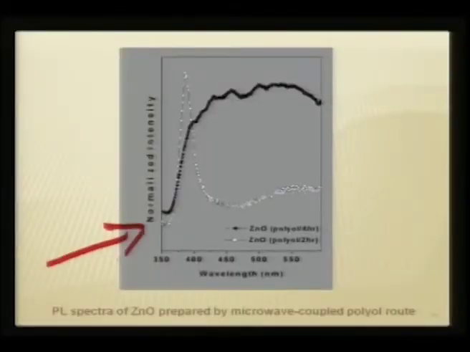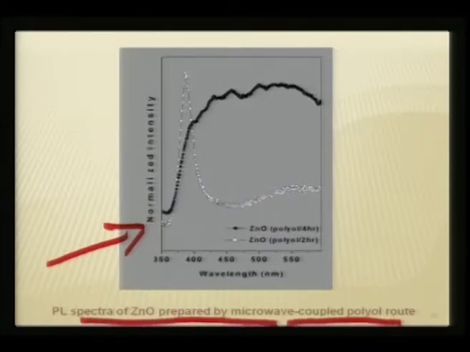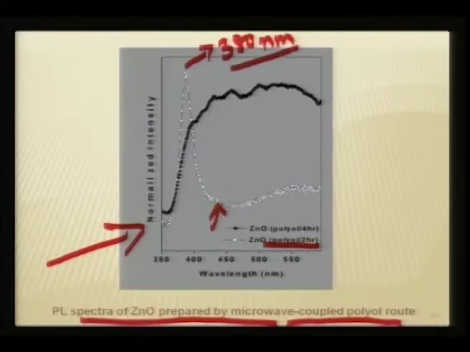If you look at the photoluminescence spectra of zinc oxide prepared by this microwave polyol route, one can clearly see that if you control this reaction with just 2 hours, the open circled emission spectra clearly shows that you can get this 380 nanometer emission peak, which is critical for zinc oxide. And one should also notice that there is a small hump coming here.